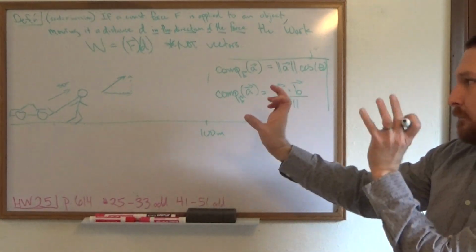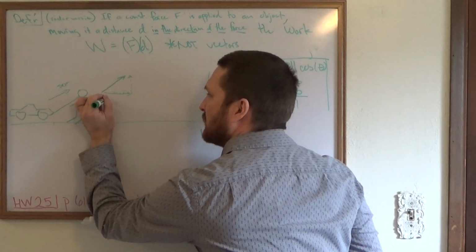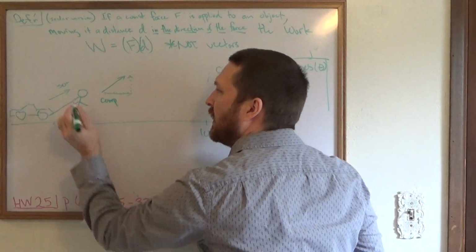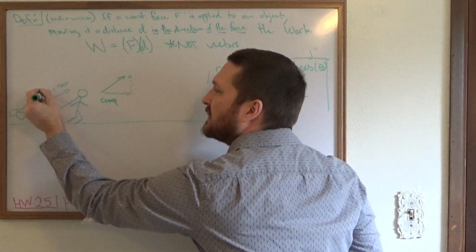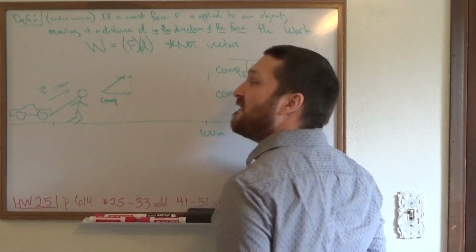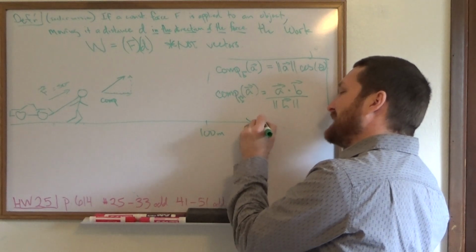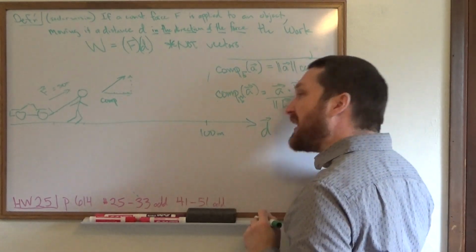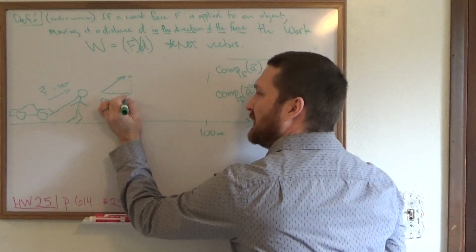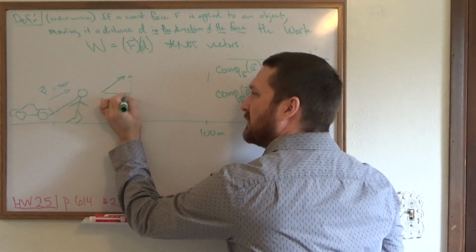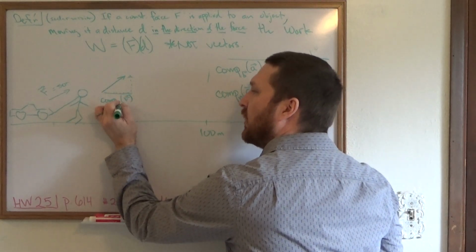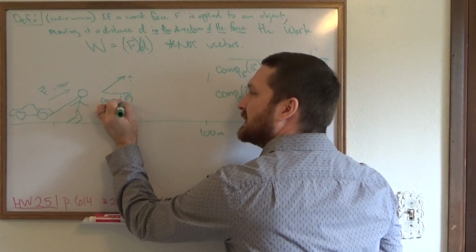We're going to call this the component of, and let's give this, that's my force vector, and let's call this my distance vector. This would be the component of the force along the distance d.